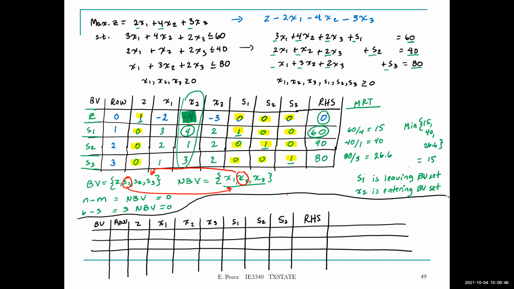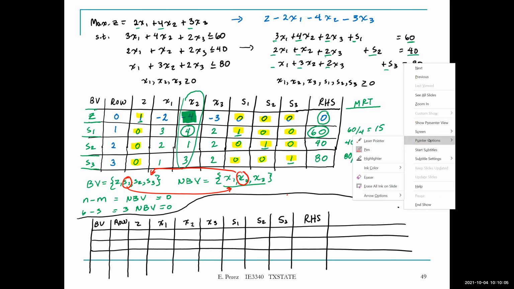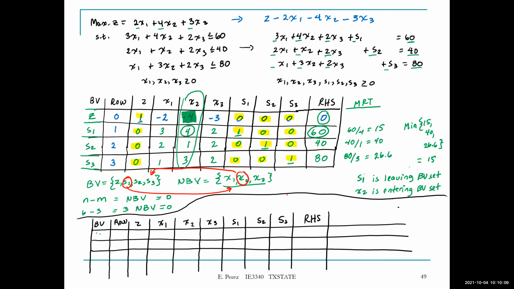Okay. So as I mentioned, we are going to make x2 part of the basics and s1 is going to leave. So I need to fill out this first column so I don't get confused. So use another color here. So z will stay the same. S1 is going to leave.